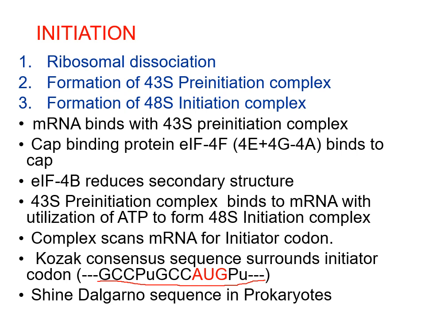This Kozak consensus sequence is important for identifying the correct initiator codon so that the mRNA can get correctly positioned on the translating machinery, the ribosomes, so that a correct reading frame is established. A similar sequence is also present in prokaryotes and it is called the Shine-Dalgarno sequence. So in eukaryotes, it is the Kozak consensus sequence, and in prokaryotes, it is the Shine-Dalgarno sequence.